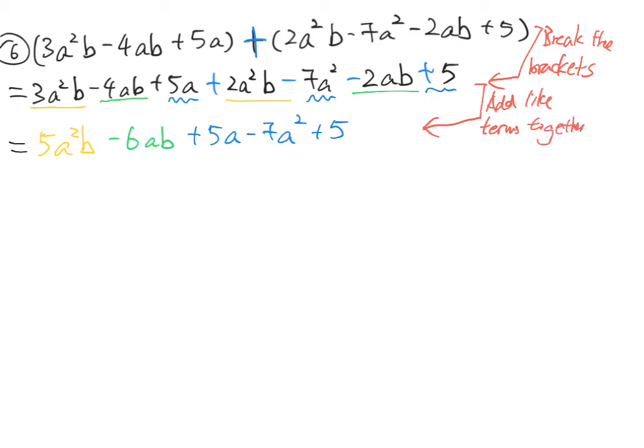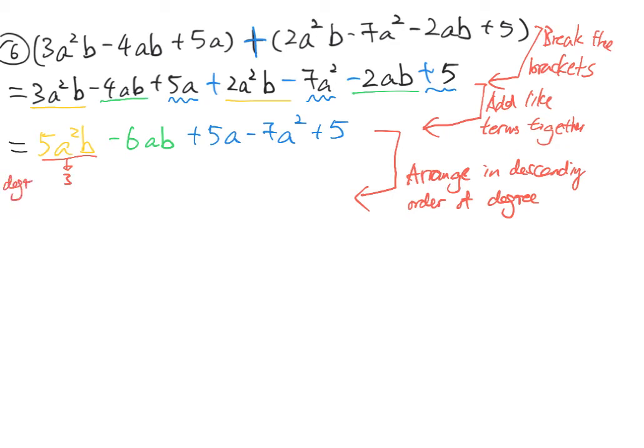Okay. And we should do one more thing, that is, we should arrange it in descending order of degree. Okay? So, for the degree, this term is 3. This term is 2.